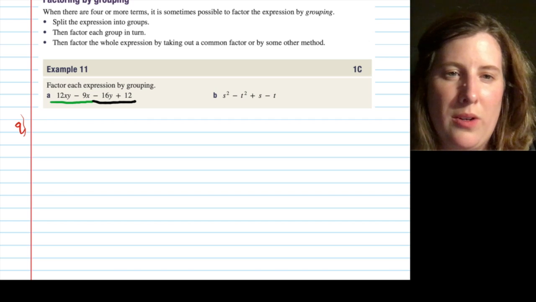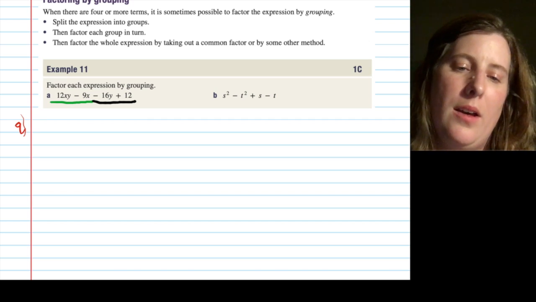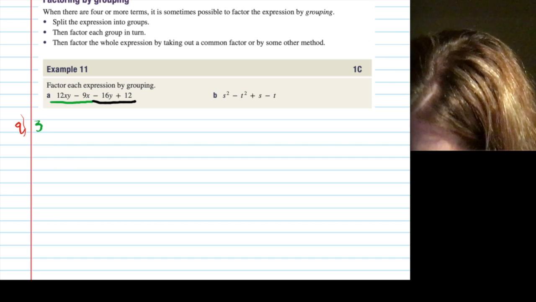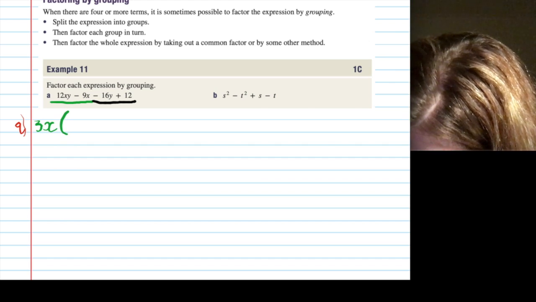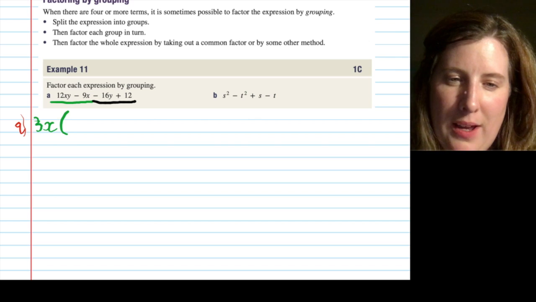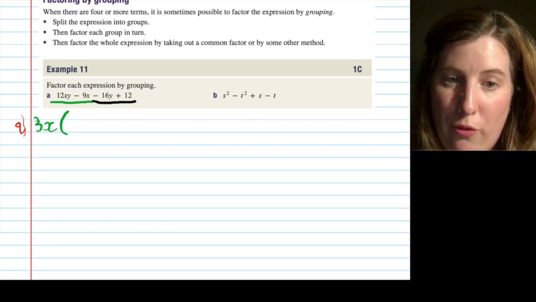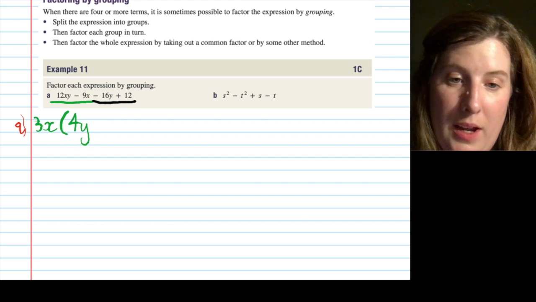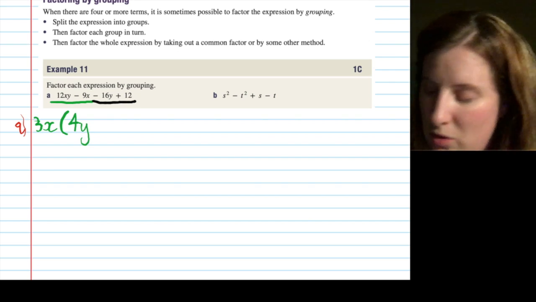What goes into both of those? 3 does, so I'm going to have 3 out the front. Is there a letter? Yes, x. So we've got 3x out the front. What's left? 12xy divided by 3x, so we've got 4y left. Negative 9x divided by 3x, so we've got take 3.